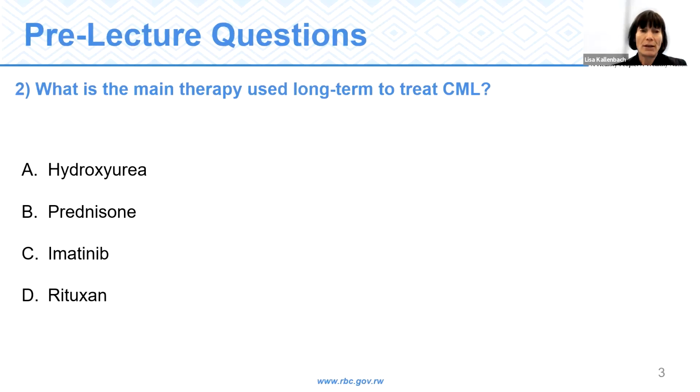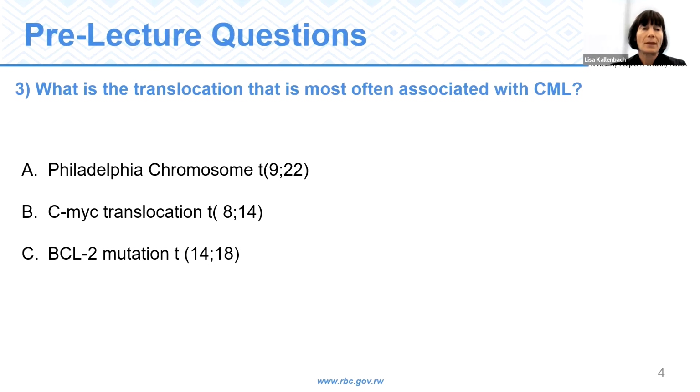A, hydroxyurea, B, prednisone, C, imatinib, D, Rituxan. And question 3, what is the translocation that is most often associated with CML? A, the Philadelphia chromosome, translocation 9;22, B, C-MYC translocation, T8;14, or C, the BCL2 mutation, which is translocation 14;18.